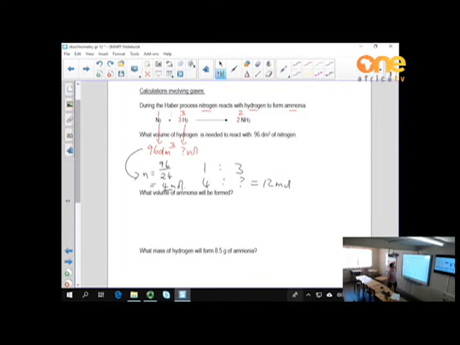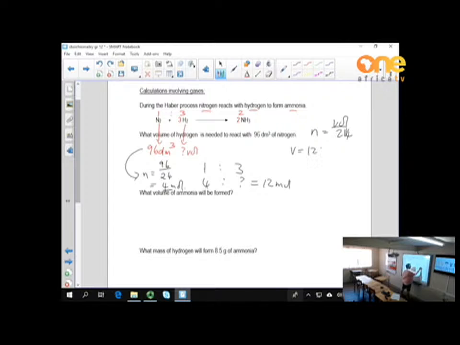From that we can go and work out the volume. Number of moles is volume over 24, so if we are looking for volume, it is going to be number of moles times 24.